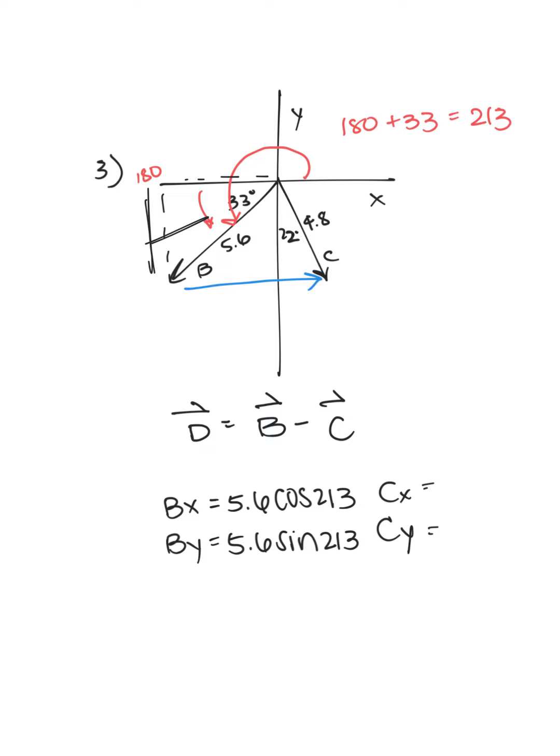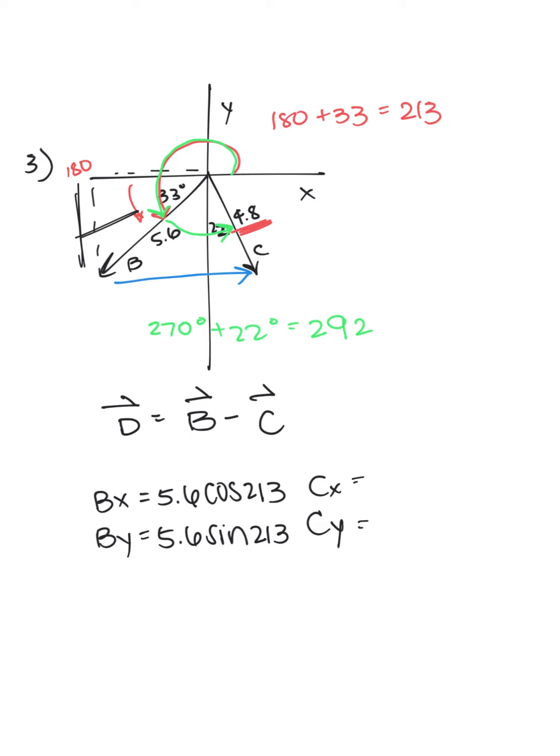Now our angle C of X is found in a different way. Not only do we have to consider this, but we have to consider what it takes to get here. Now, we know that this is 270 degrees, so we can just add an extra 22 degrees and we will get 292. So our hypotenuse for C this time is 4.8.